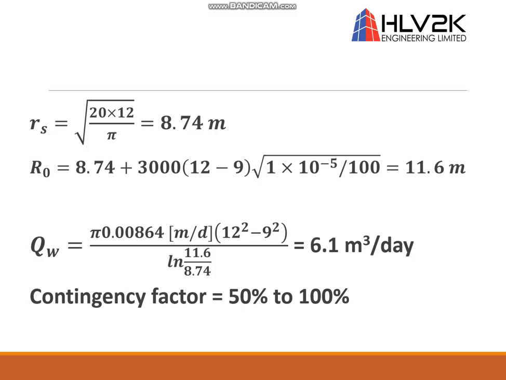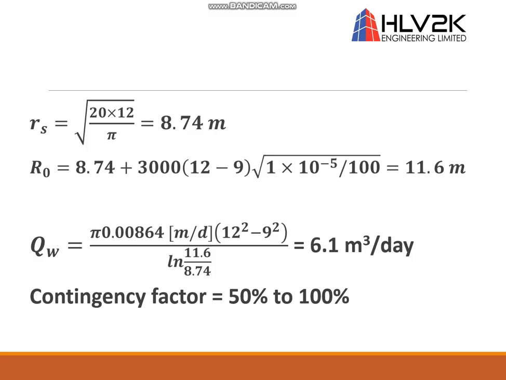First we calculate the equivalent radius, which would be 8.74. This means if we had a circular excavation instead of the rectangular, the radius would be 8.74. It has the same area as the rectangular. Radius of influence will then be calculated from the Sichardt equation.